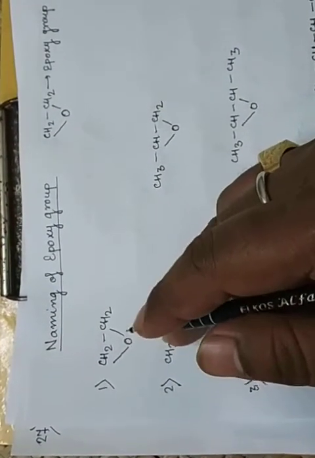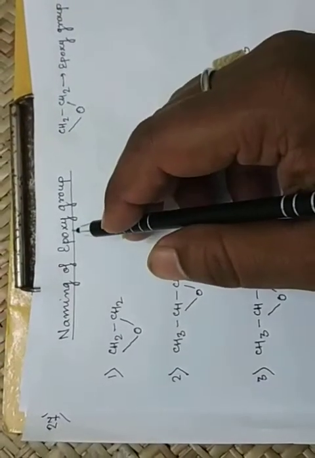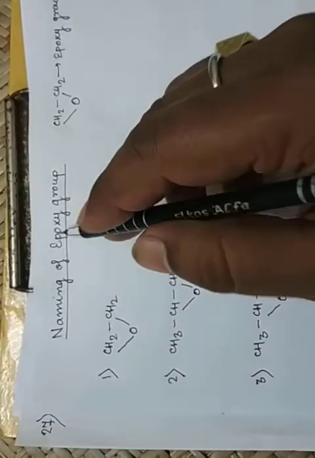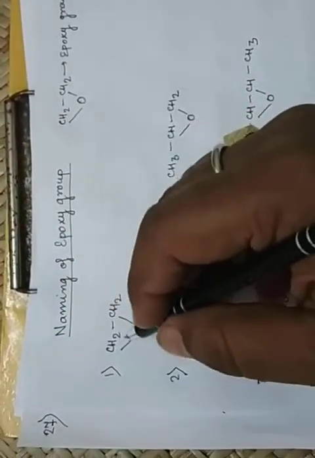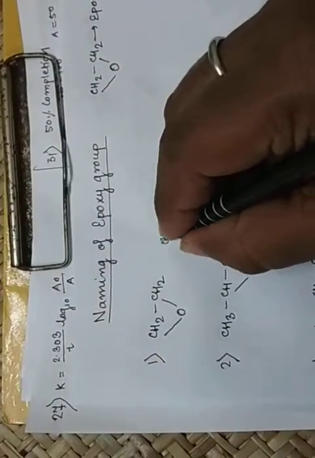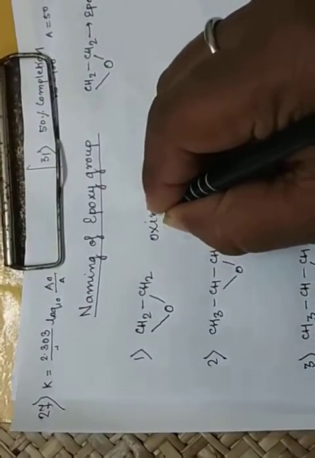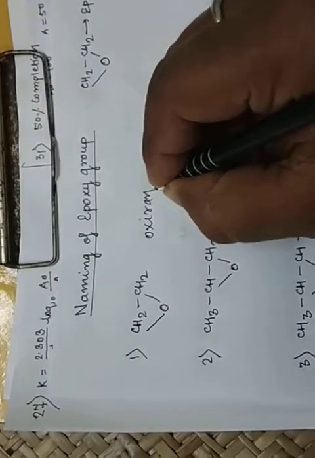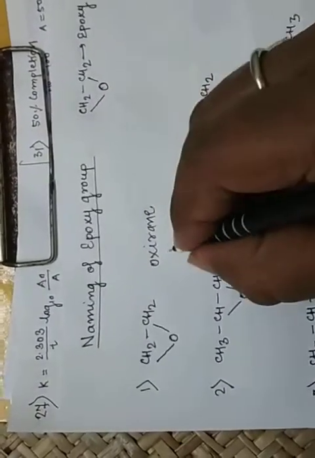It's a different example, but the name of this compound is epoxy. Now suppose this type of example is given in your examination. So how to write the IUPAC name? The common name of this example is oxirane. This is a common name.